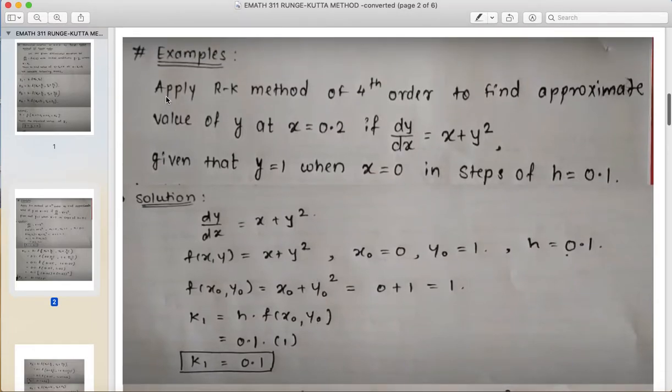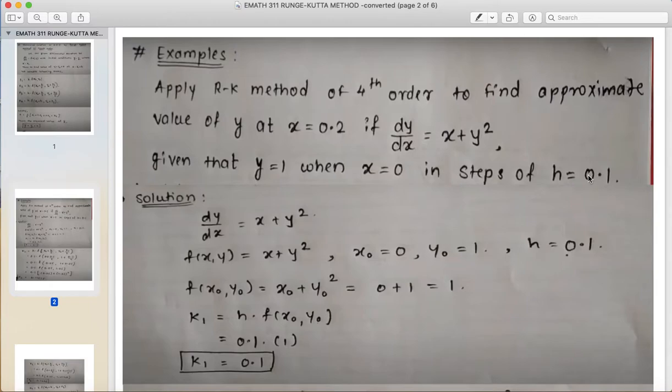For example, apply the Runge-Kutta method of fourth order to find the approximate value of y at x equals 2, if dy over dx equals x plus y squared, given that y equals 1 when x equals 0, in steps of h equals 0.1.